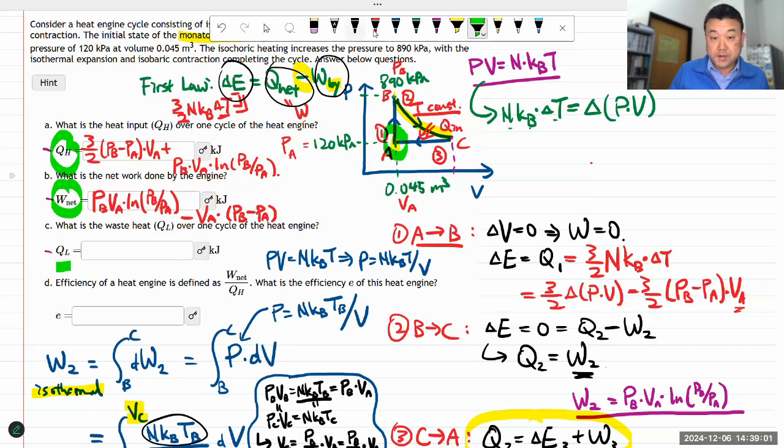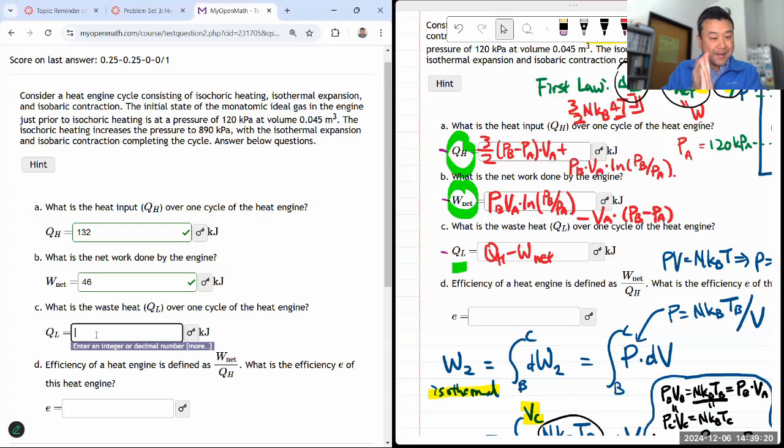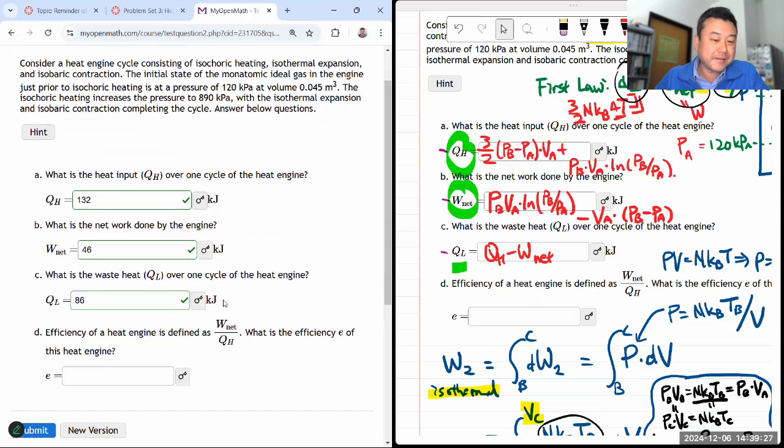So this QL here should simply be QH minus W net. It's a lot simpler calculation than plugging in all these numbers once we've already done parts A and B. So let's do that. I think I can do this in my head. So it's 86 kilojoule. Wow, that is a lot of waste heat.